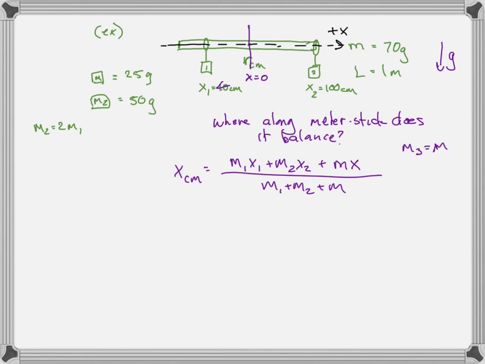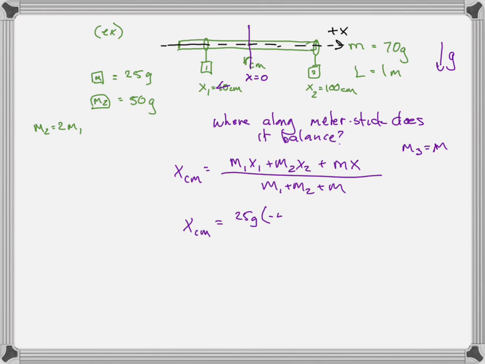If that's x equals 0, now you've got to be careful, but you should be able to figure this out: m1, 25 grams, x1, the position, is relative to that origin. So if x equals 0 is at the meter stick's 50 centimeter mark, then x1 is no longer 10 centimeters.